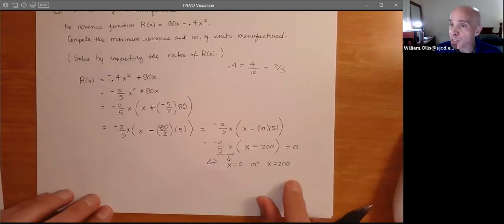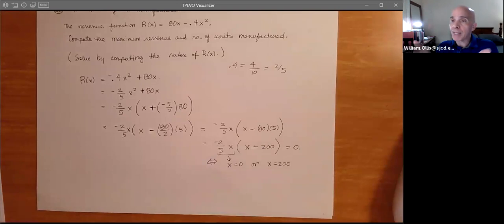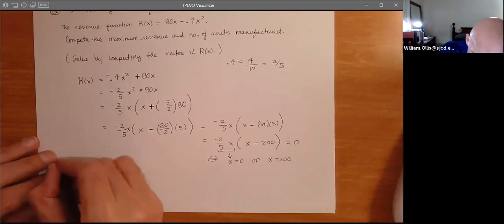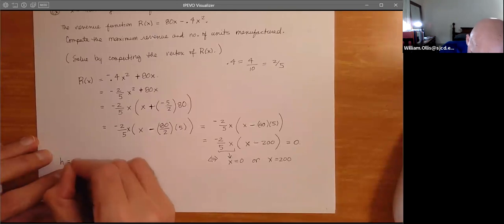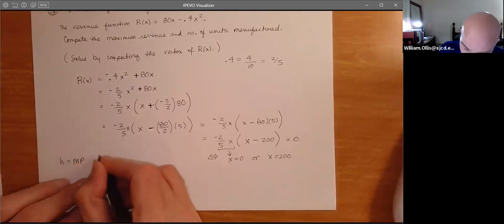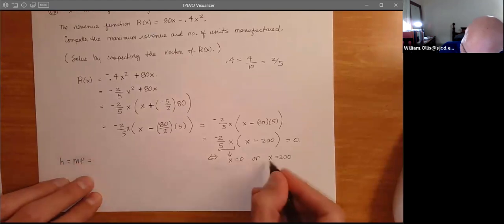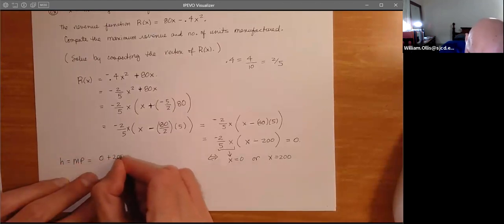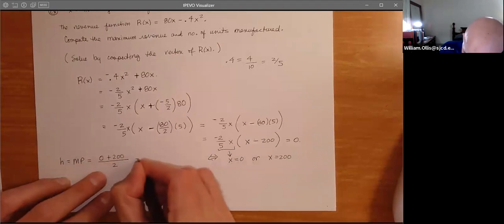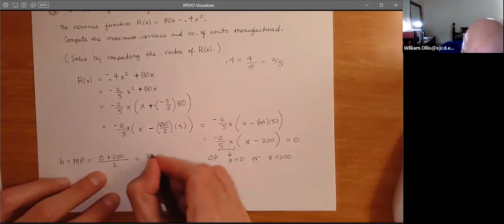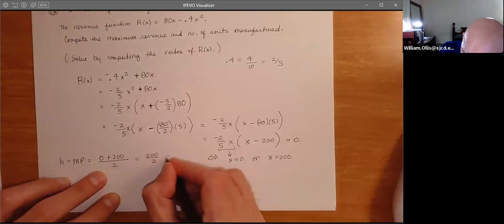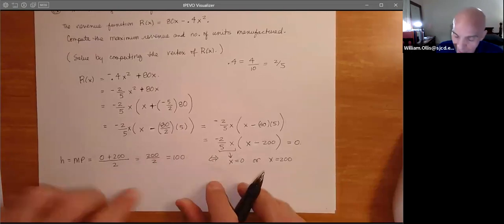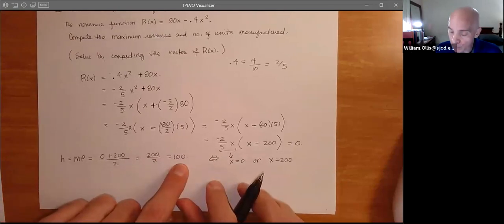So these are the x-intercepts, which now will be bisected by the axis of symmetry. So now we say h equals the midpoint, in this case, we've done this before, 0 plus 200 over 2, which is 200 over 2, which is 100. So this is the x-coordinate of the vertex.